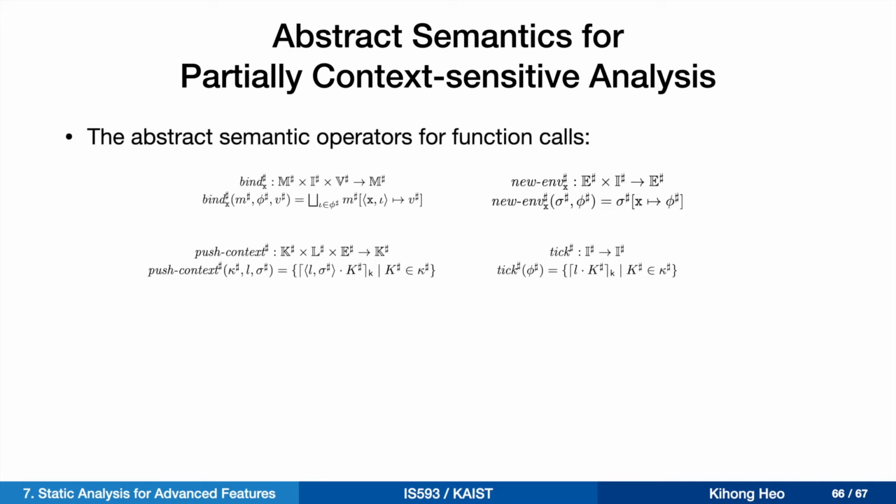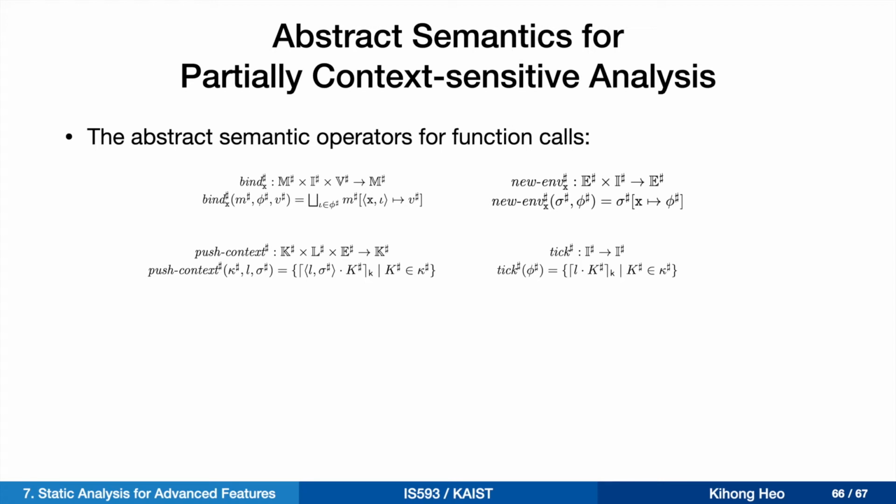Then let's define the abstract semantic operators for function calls. First, memory binding. It will make new instances of the parameter with the given abstract instance. And next, a new environment will also be created based on the given abstract instance. Next, the important thing is the push context.